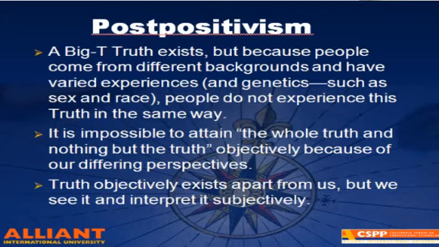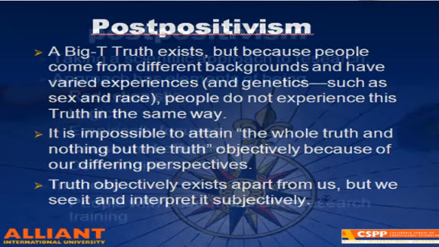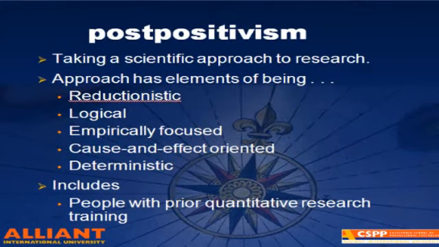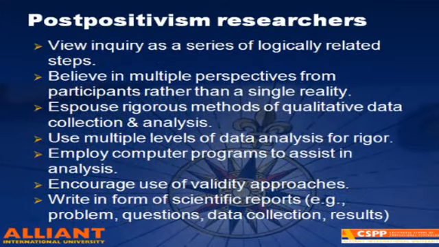So it's impossible to attain the whole truth objectively because of our different perspectives. Truth objectively exists apart from us, but we see it and interpret it subjectively. It takes a scientific approach to research, and the approach has elements of being reductionistic, logical, empirically focused, cause and effect oriented, deterministic, and includes people with prior quantitative research training.